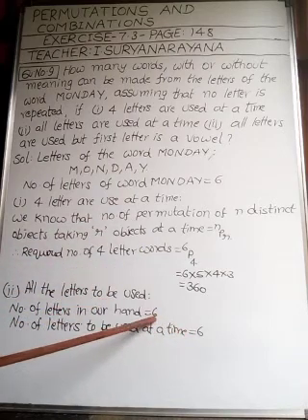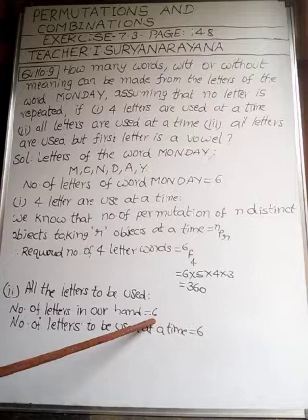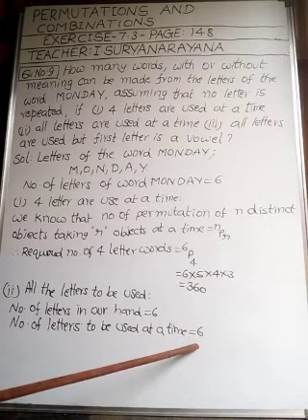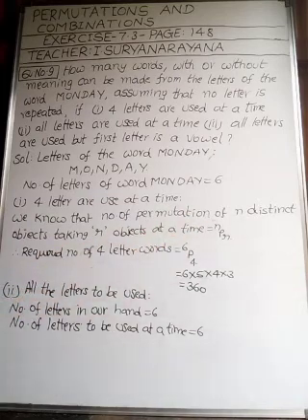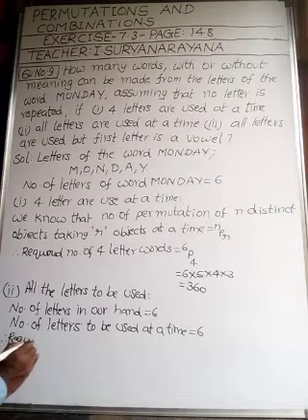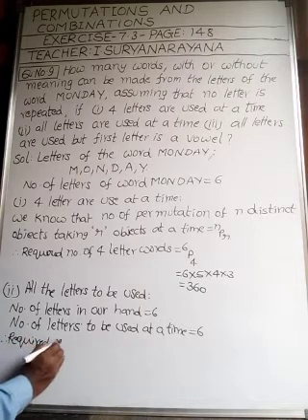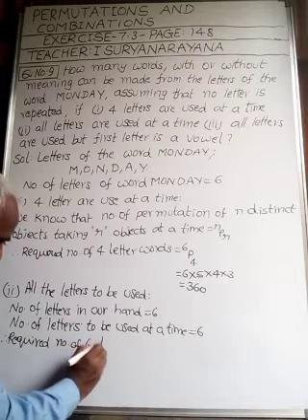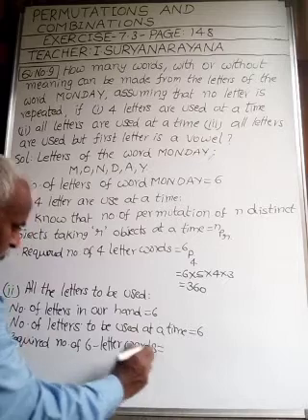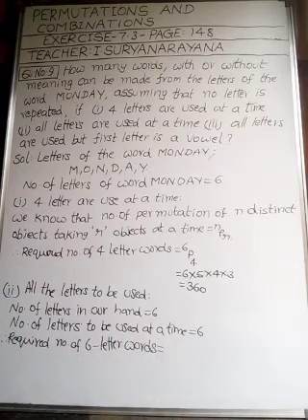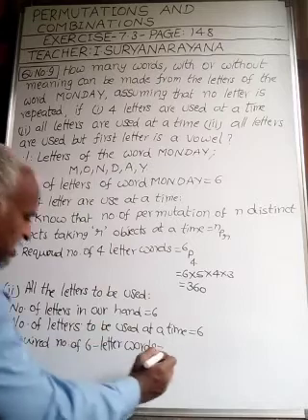So there are 6 objects in our hand. We have to take all the 6 objects at a time. In how many ways? 6p6, by using this same concept. Okay, my children. Therefore, the required number of 6-letter words is equal to 6p6.